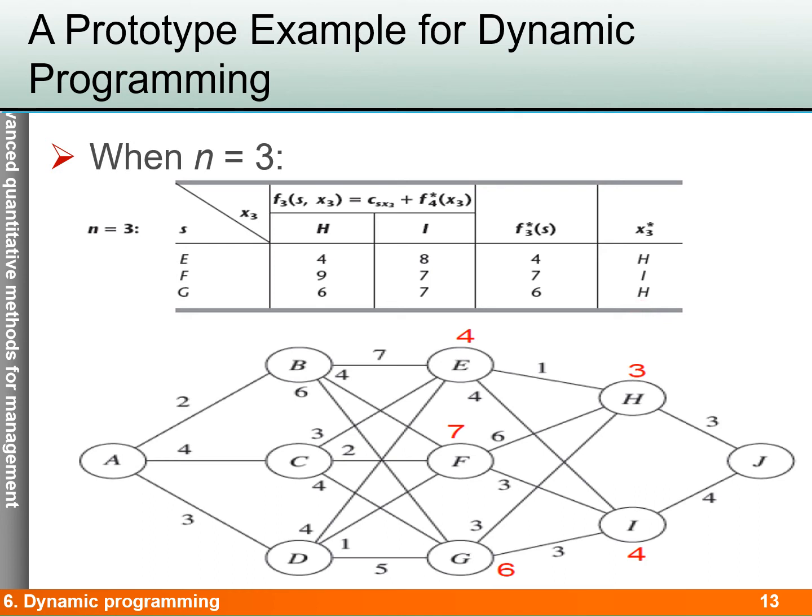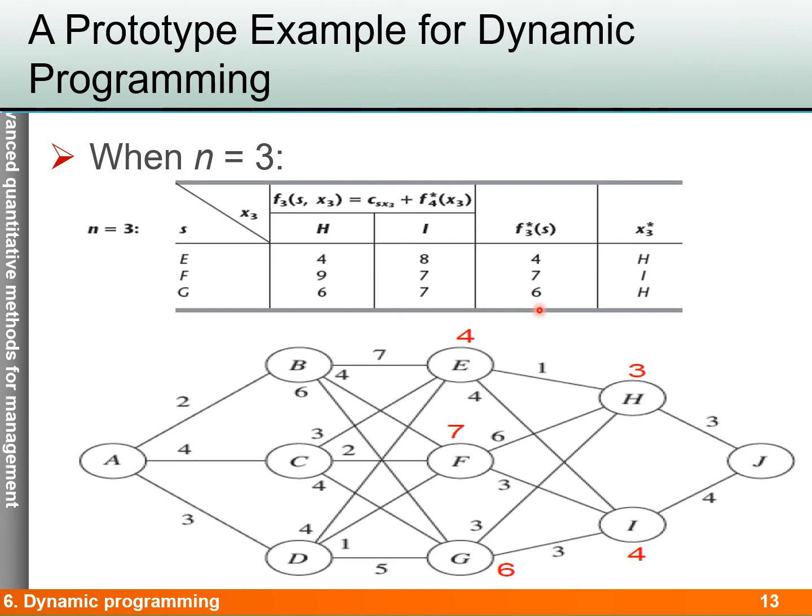Because finally, when we reach step n equal to 1, we can follow up the optimal solutions. So this 4 comes from node H, this 7 comes from node I, because this 4 plus this 3, no?